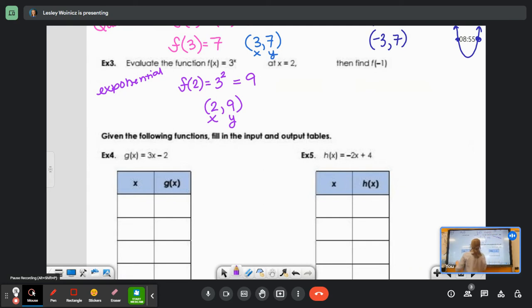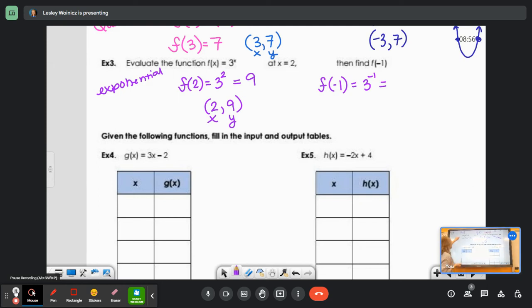All right, now we have to do the same thing for f of negative 1. We need to find the output if our input is negative 1. So 3 to the negative 1 power. Ooh, negative power rule. So my negative power rule says that I get the reciprocal of my base, okay, with what kind of exponent?